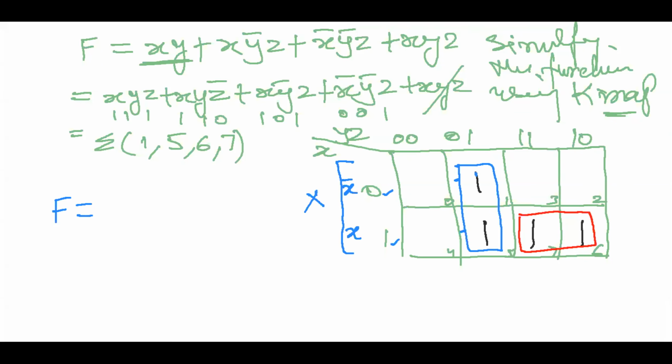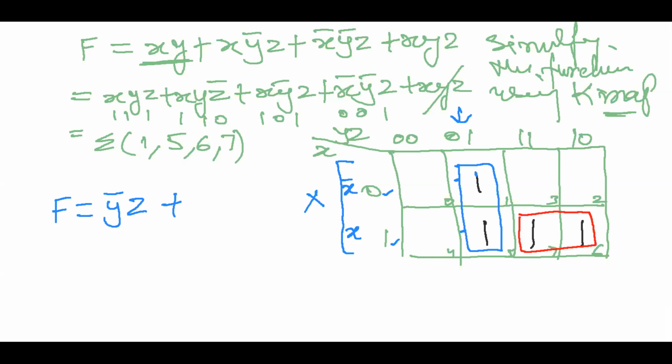Now check on top. If you look, 0 1 is common to this complete group. So 0 corresponds to y complement and z is simply 1. Clear with this one? Now the plus sign. Why plus sign? Because we have one more group.